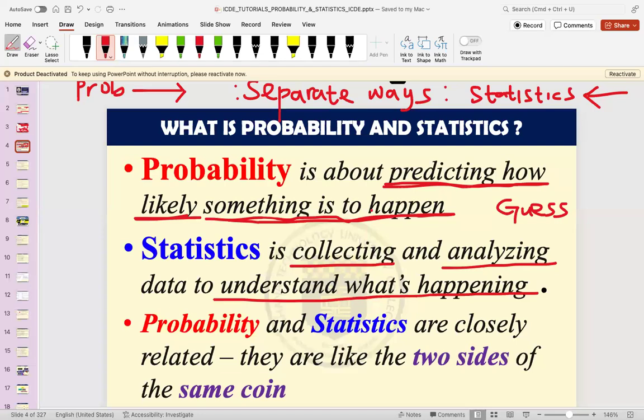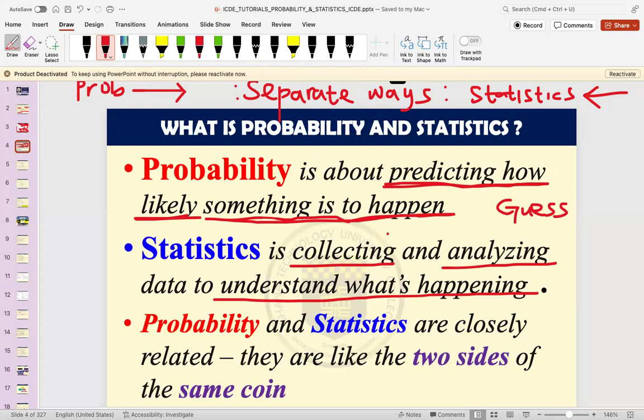It hasn't happened, it's about to happen. But when you look at statistics, it has already happened. Collecting and analyzing. Collecting what? Data. It has already happened. Collecting and analyzing data to understand what is happening. So it has taken place already. But this time you want to understand what is happening. But the previous one is about to happen.